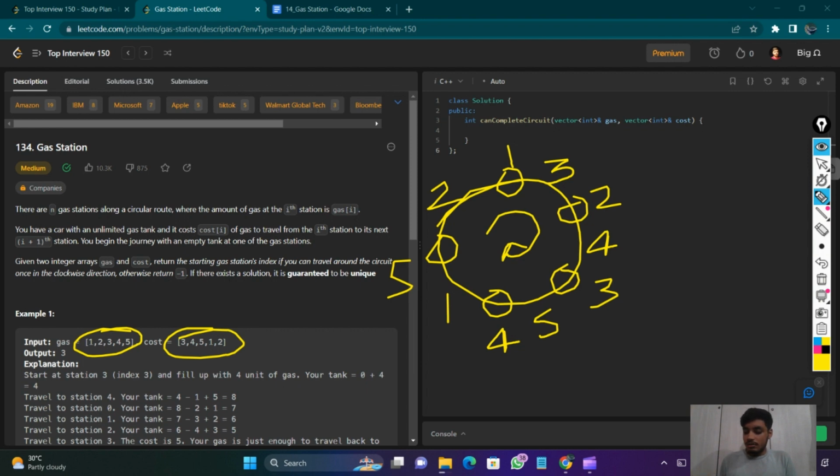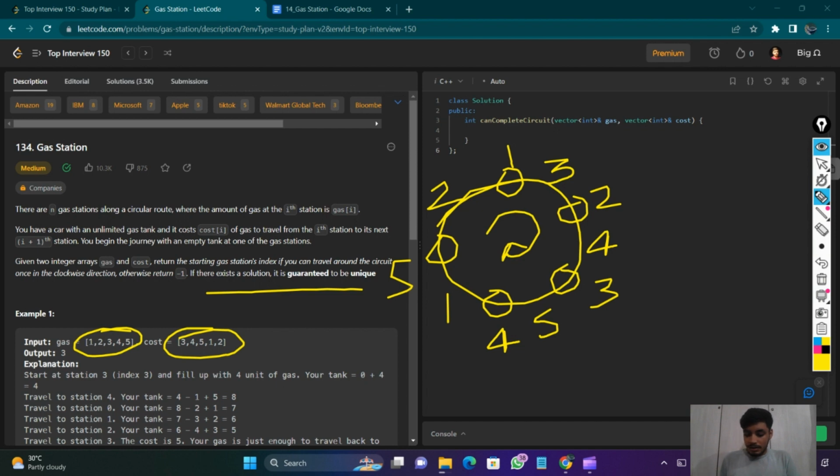If you are successfully able to move back to where you started, then it is our answer. It is guaranteed that if the solution exists, it is unique, and if not, we are going to return -1.